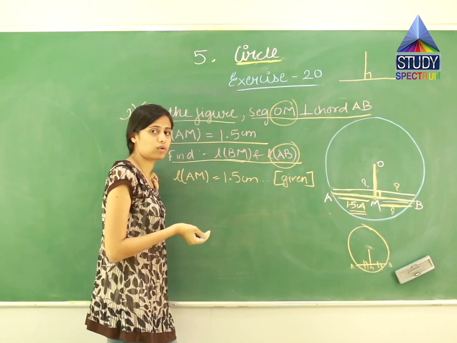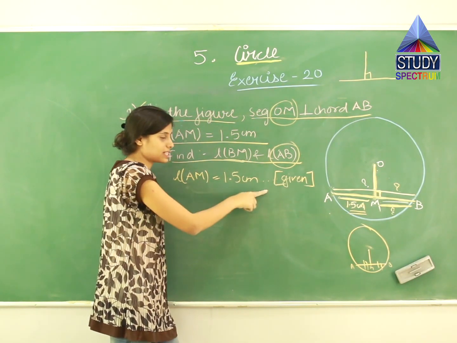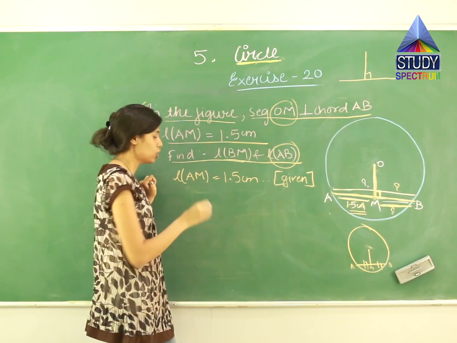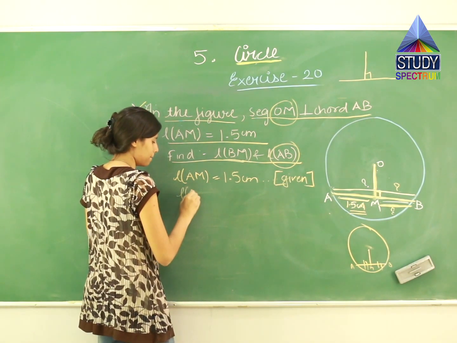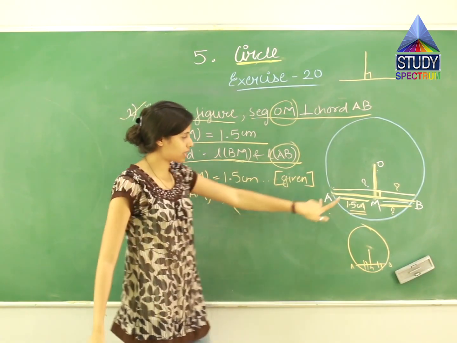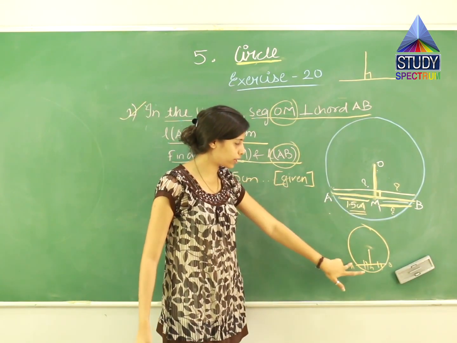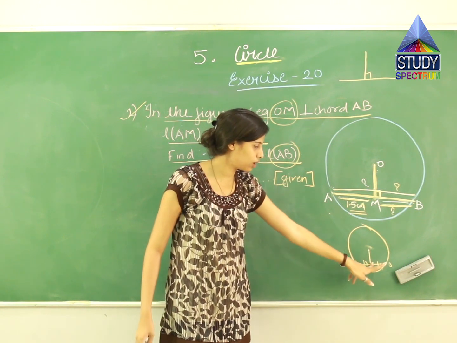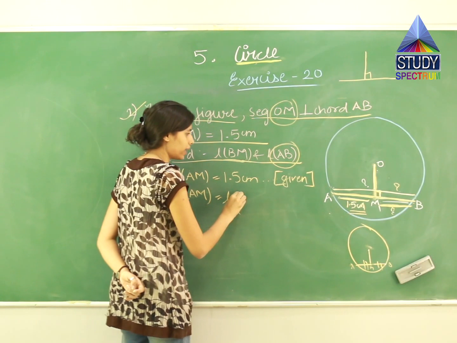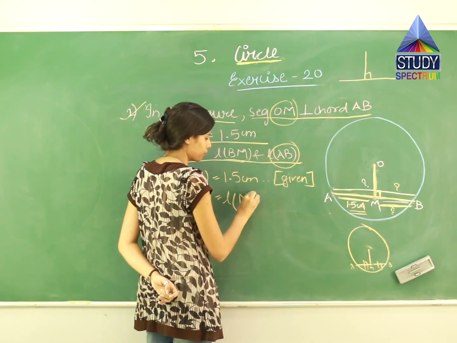Then in the next line, by seeing this information, the conclusion we derive, we will write in the second line. So if length of AM is equal to, look into this figure, length of AM is equal to length of MB. So I will write length of AM is equal to length of MB.